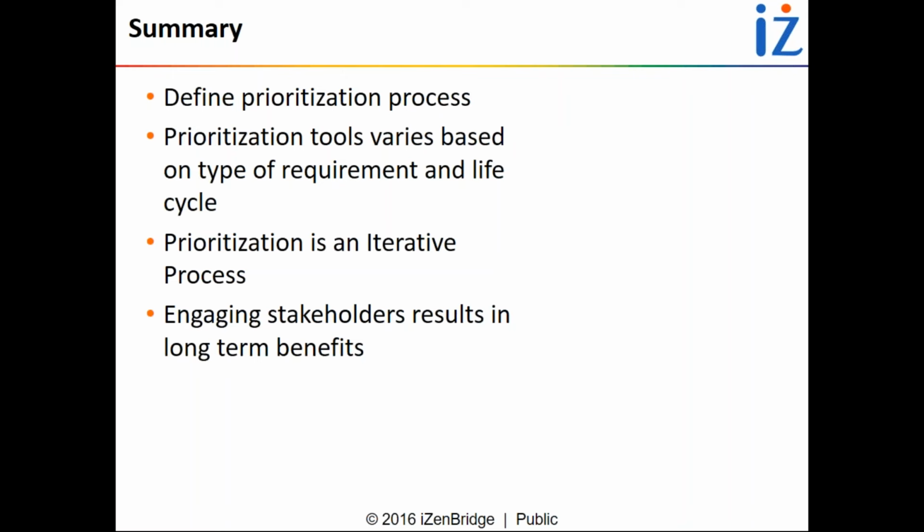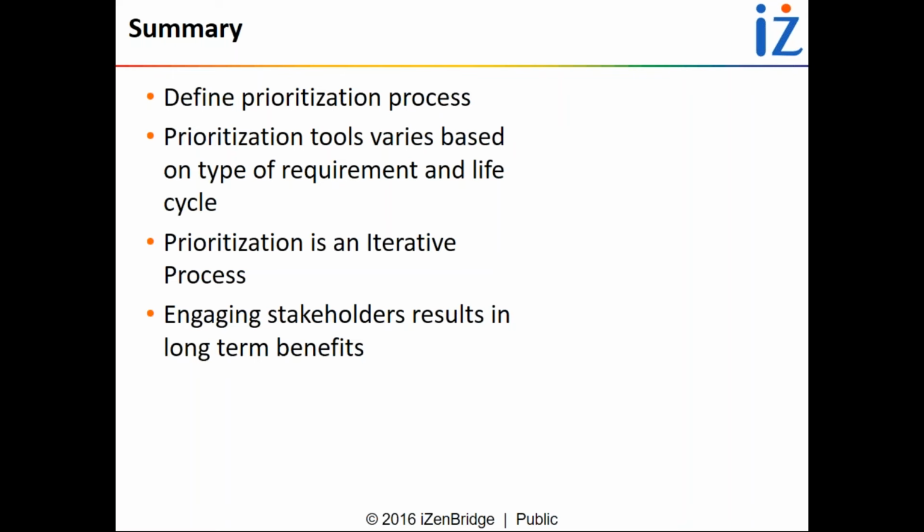Prioritization is an iterative process. Even when you are using a predictive life cycle, requirement prioritization is iterative, where you use different checkpoints to see whether the assumptions you took, where you were certain and did the upfront prioritization, are still valid and whether business benefits will be realized.